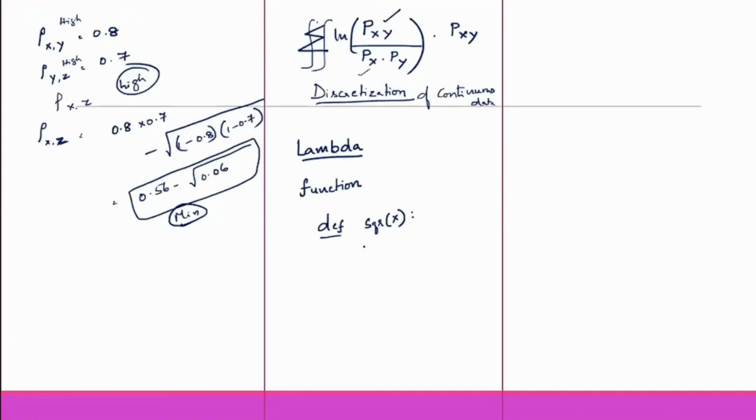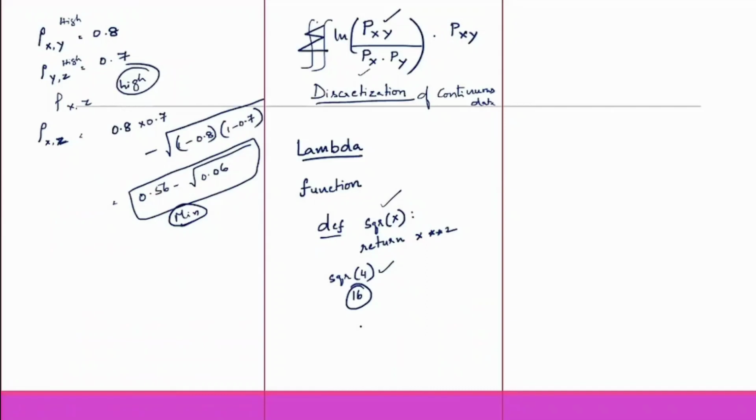And say return x squared, right? And probably I will call this function as square of 4, which means it will return 4 squared, which is 16. This is like you are defining a function separately and then calling the function.